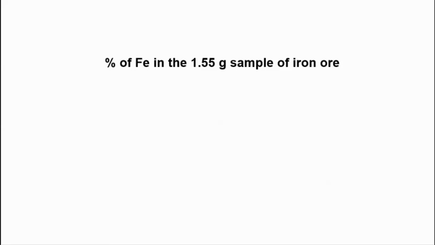And then finally, we want to determine the percentage of iron in the 1.55 gram sample of iron ore. So mass of iron in iron ore divided by mass of iron ore times 100%.